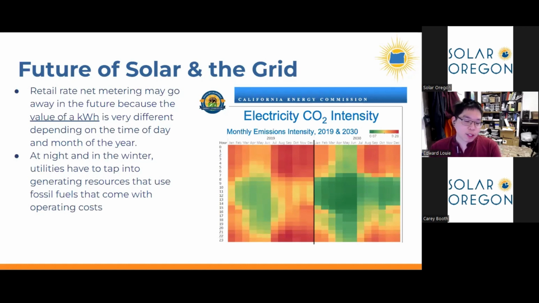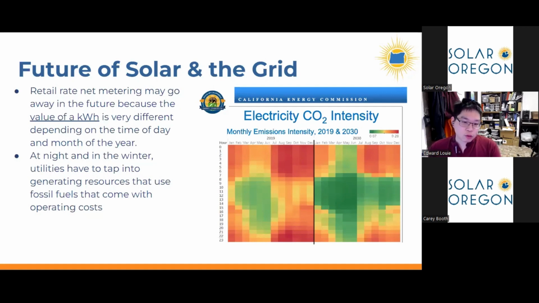Between residential solar, commercial solar, and utility solar, it really peaks during those summer months, and also during the noon hours of the day. And so that really pushes out the need for carbon-based generating resources during those hours.